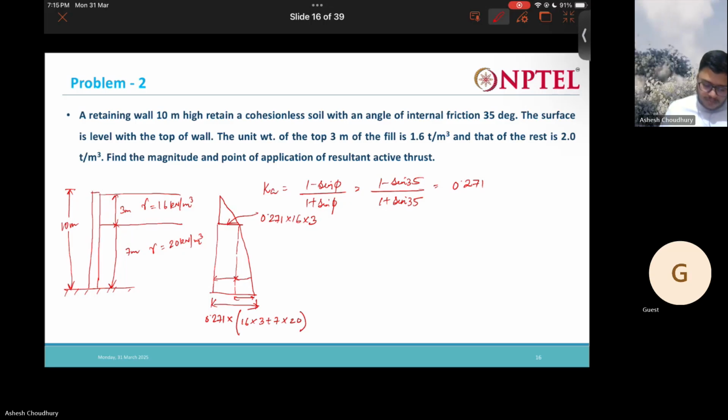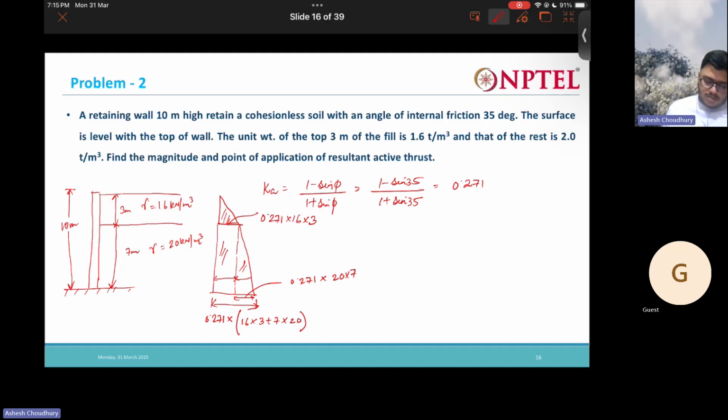For this triangle, this one is 0.271 times 20 into 7. So I can divide this into three parts: 1, 2, 3. So two triangles and one rectangle.